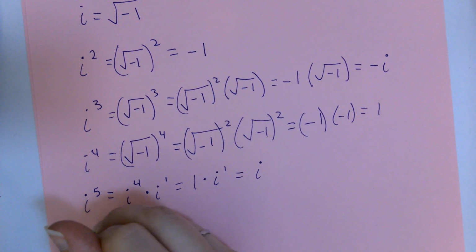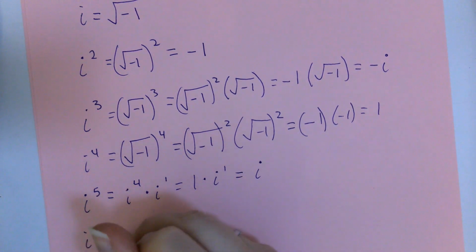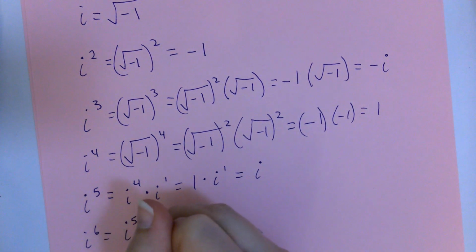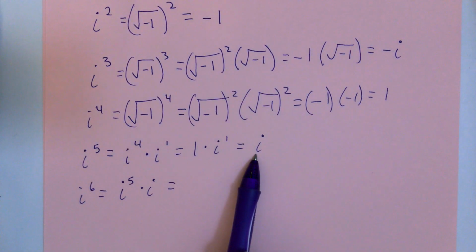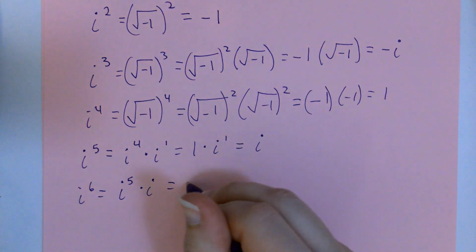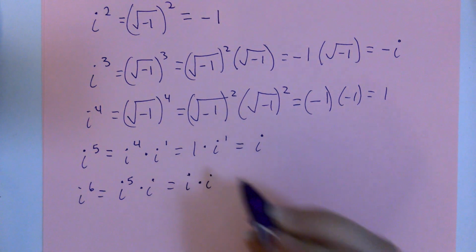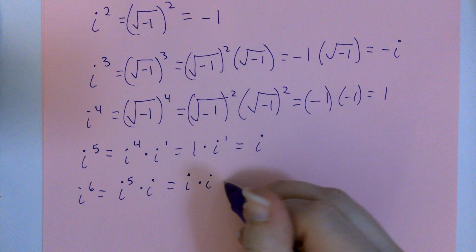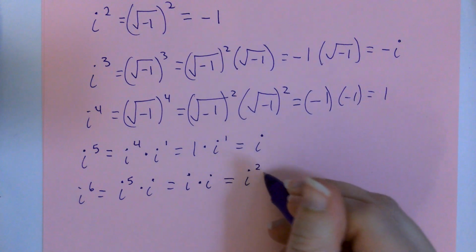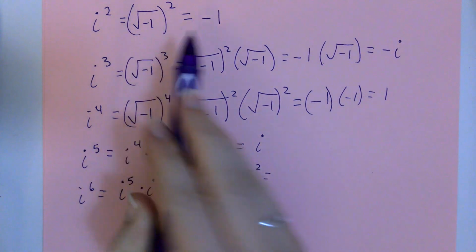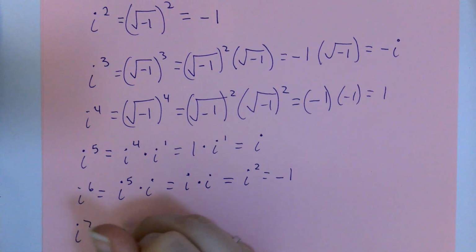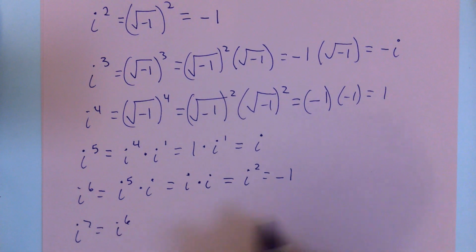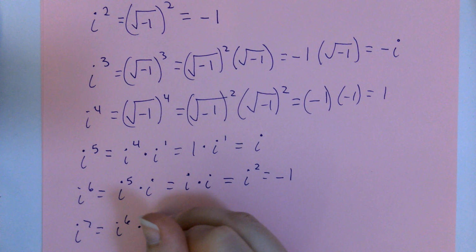i to the sixth is the same as i to the fifth times i. We just figured out i to the fifth is the same as i. So this is i times i, and we know i times i is i squared, and we know i squared is -1. i to the seventh is the same as i to the sixth, which we just figured out is -1, times i to the first.